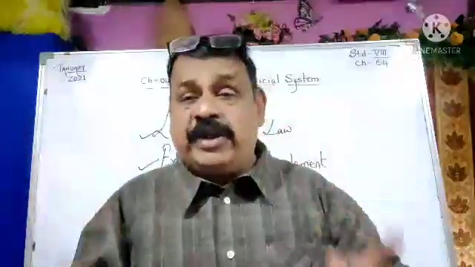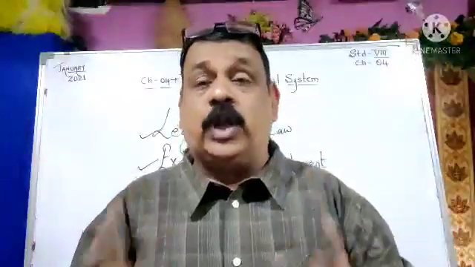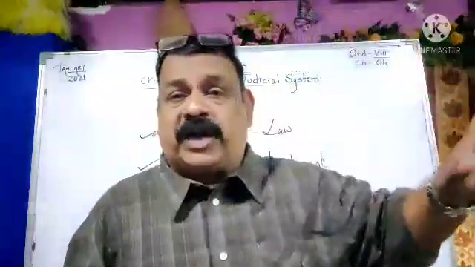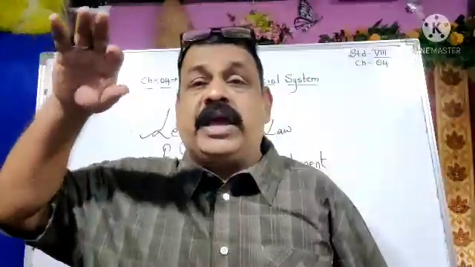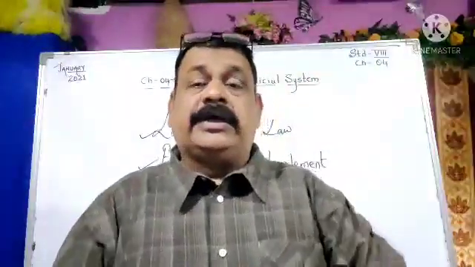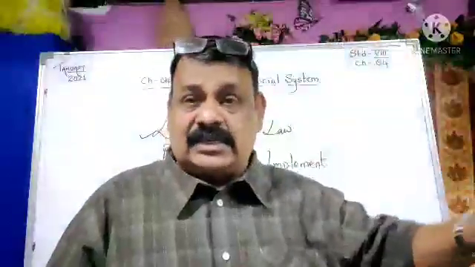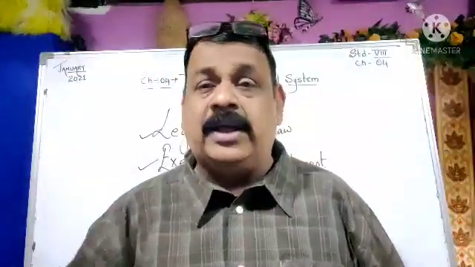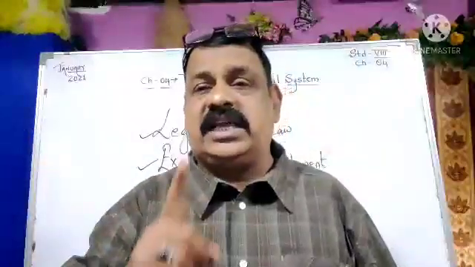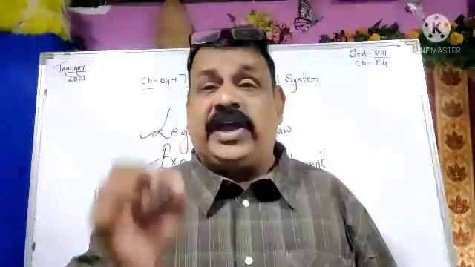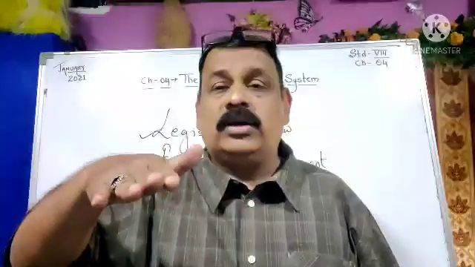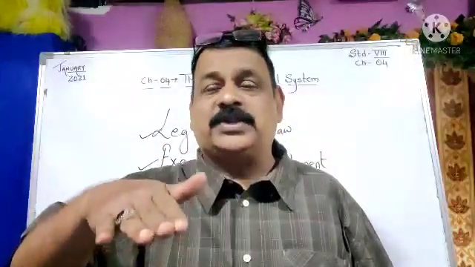That means everybody stands equal before the law, irrespective of whether you are a member of parliament, an MLA, a politician, an actor, or the richest person of the country. Everybody stands equal before the law, which very clearly means that nobody is above the law. Is it clear to you, my dear students?